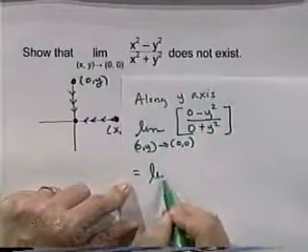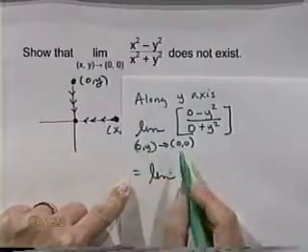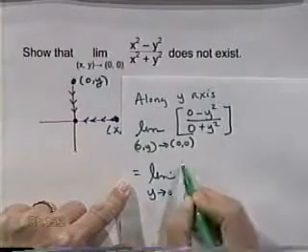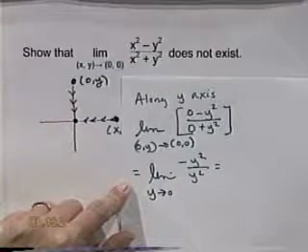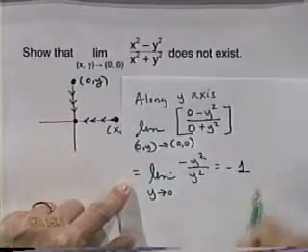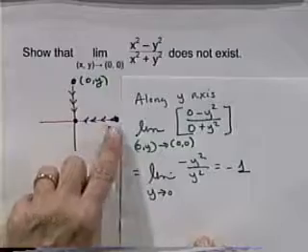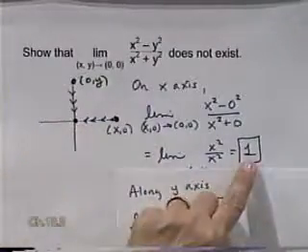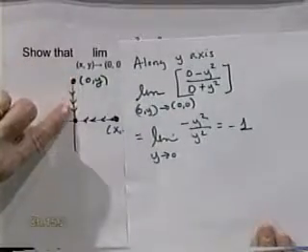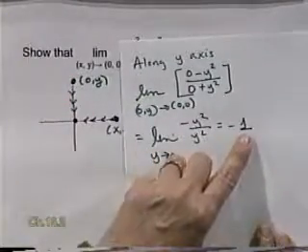And I get the limit as y approaches 0 of minus y squared over y squared, which gives me a -1. So coming in from the positive x-axis, I got a limit of 1. Coming in from the positive y-axis, I got a limit of -1.